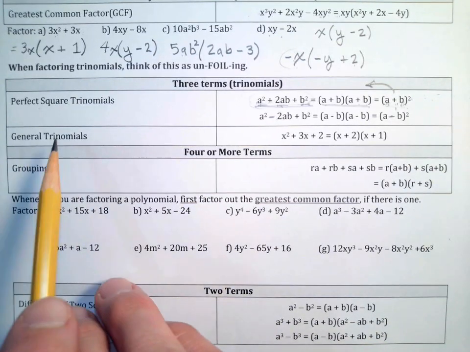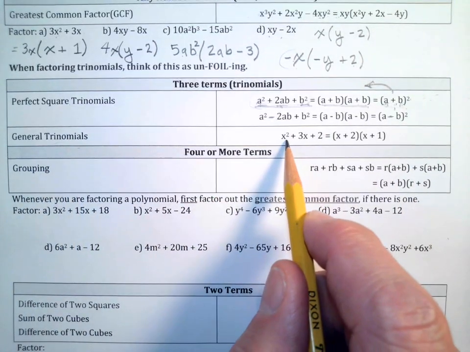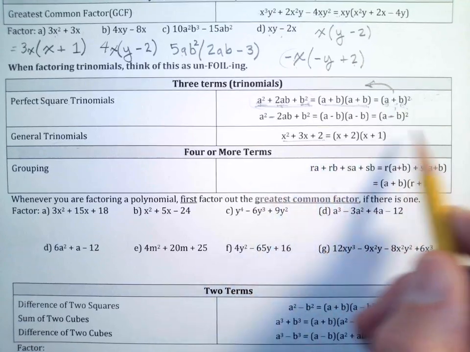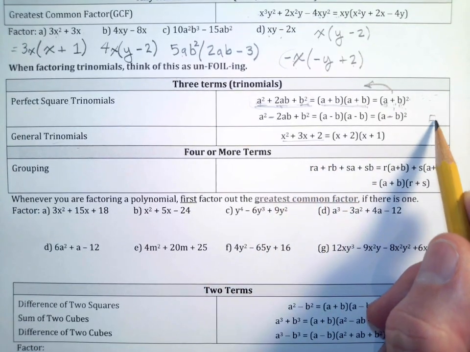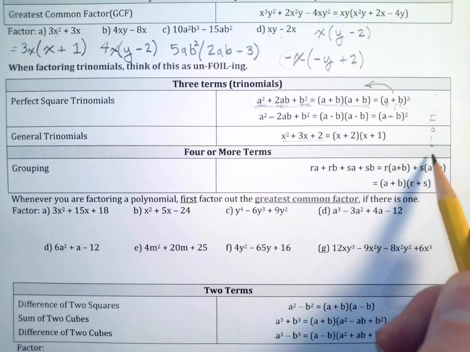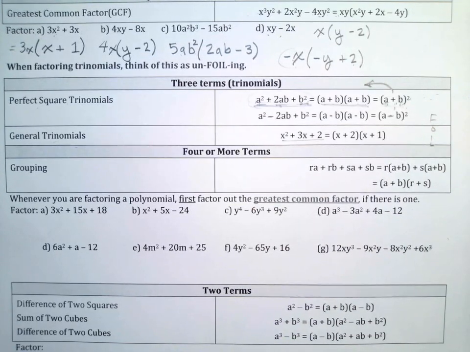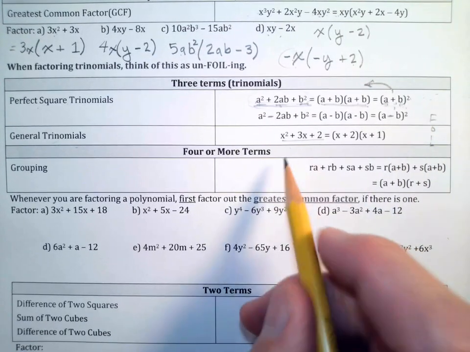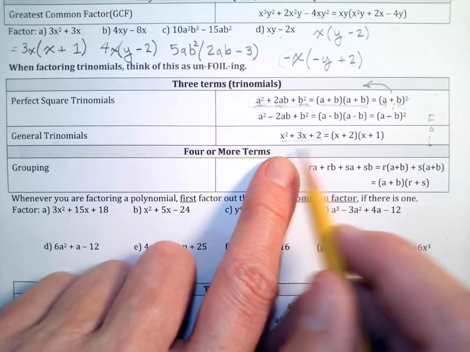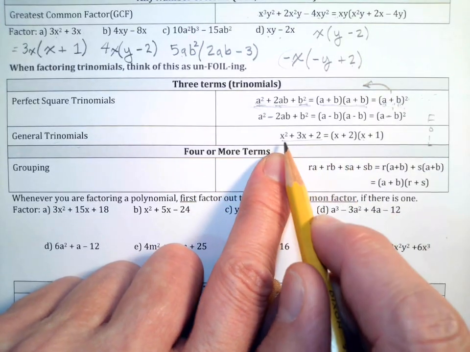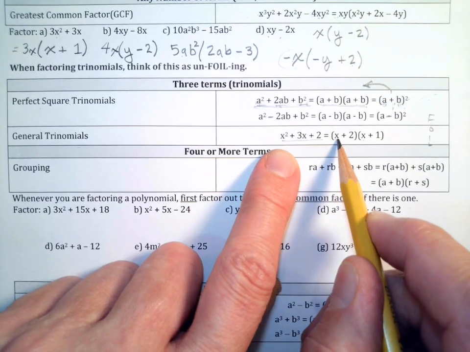All right, general trinomials. So that just means we're going to take this and think about doing foiling in reverse. And we'll practice some of these as well. So you're not really foiling. What you're doing is the reverse of foiling. So that means the first 2 terms have to give me x squared. So I know they're going to be x and x.